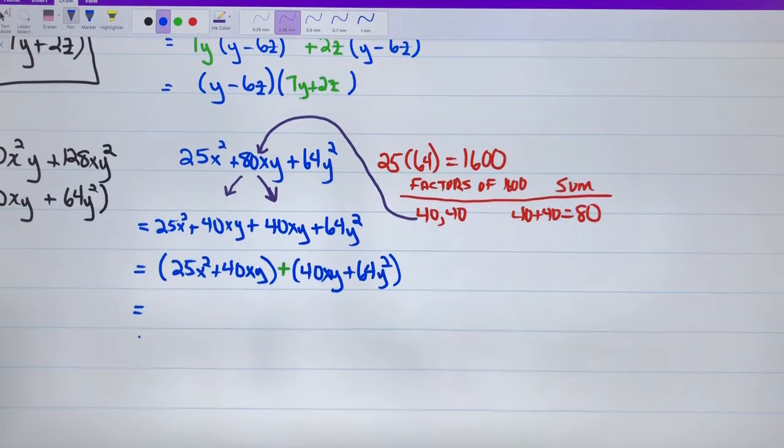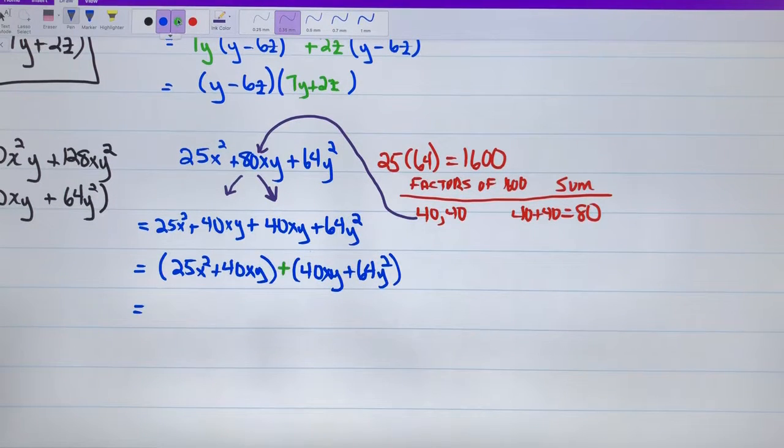Drawing out once again the greatest common factors, for 25x squared plus 40xy the greatest common factor is 5x, and for 40xy and 64y squared it is 8y. Factoring 5x into 25x squared we have 5x, and 5x into 40xy gives 8y, and 8y into 40xy plus 64y squared gives the very same thing, 5x plus 8y.